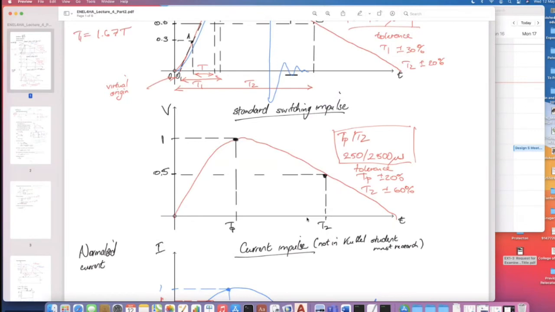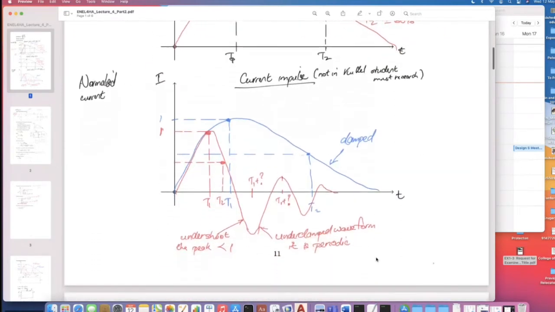Because it's not such a fast waveform this time, the front time of 250 microseconds, we define it as where the voltage equals its 100%. Our tail time is 2,500 microseconds, and again, it's defined as 50% on the tail. So those are the two voltage waveforms that we look at.